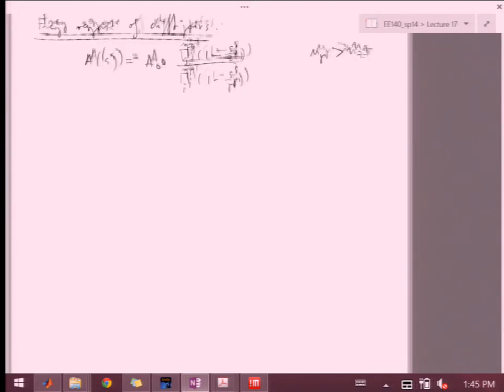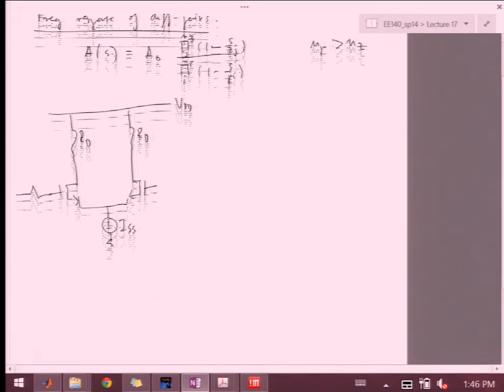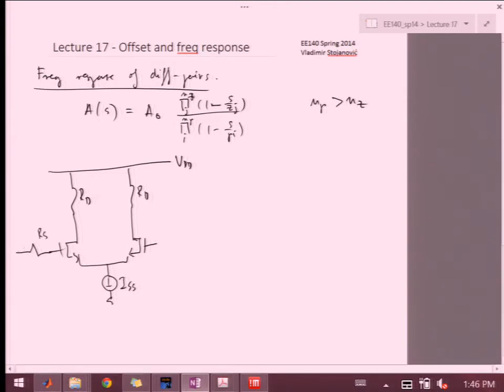So for the amplifier that we looked at, we're going to first look at the balanced diff amp. Same circuit. Now, in this case, I'm going to include also RS, and you'll see in a minute why that's important.